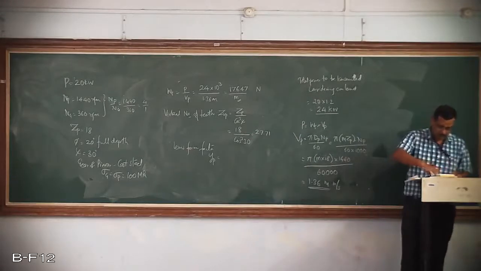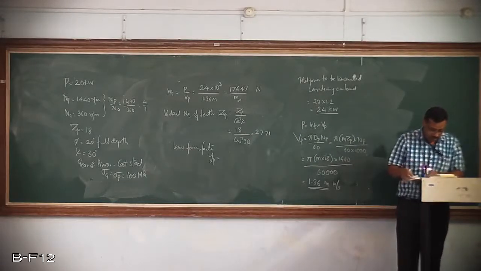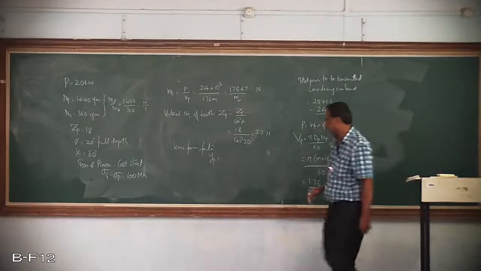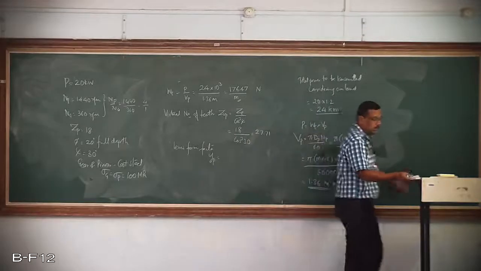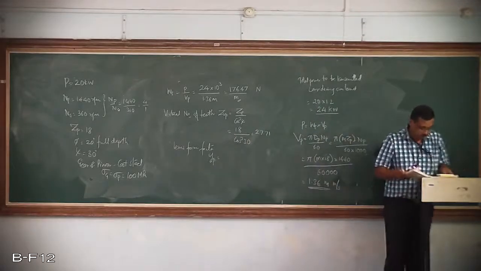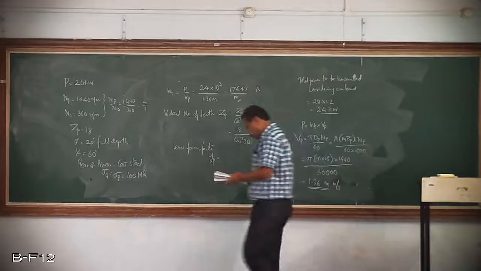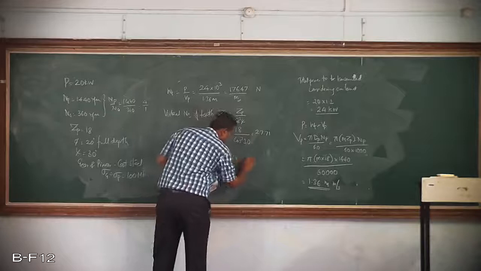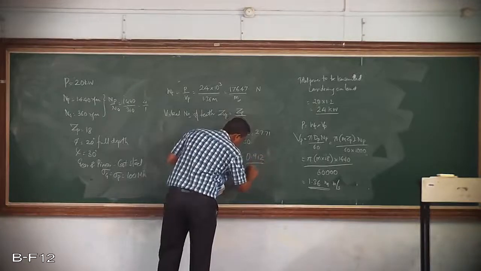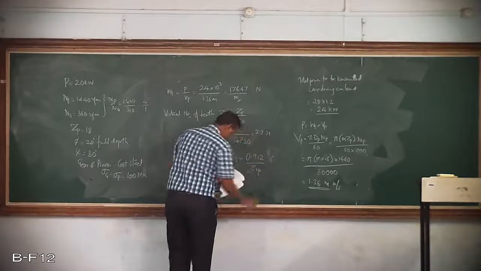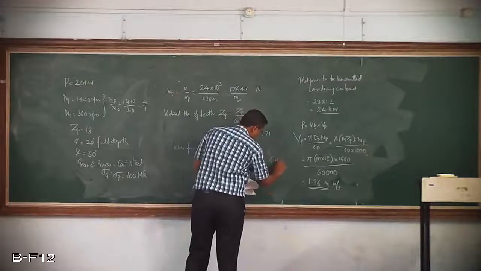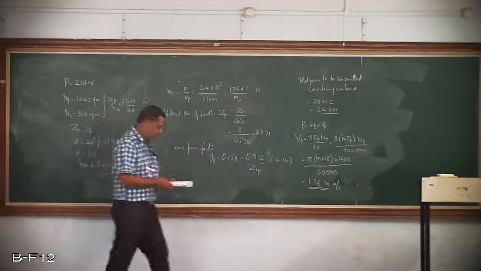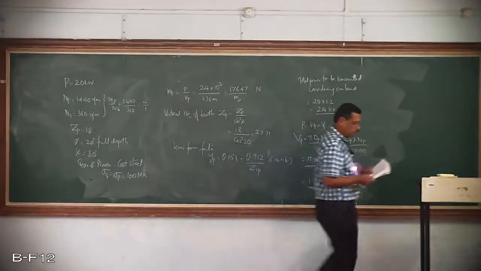For the form factor for 20 degrees full depth, it is given on page number 218, equation number 16.11b: Y equals 0.154 minus 0.912 divided by ZVP, based on the virtual number of teeth.